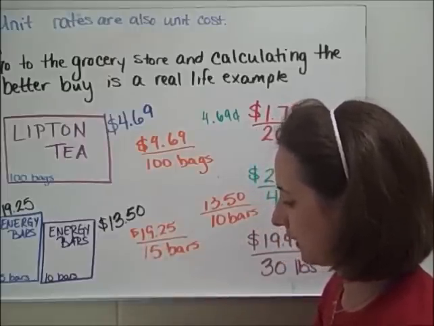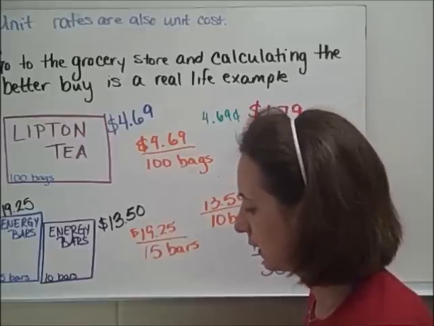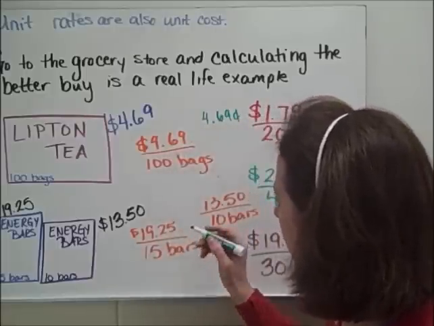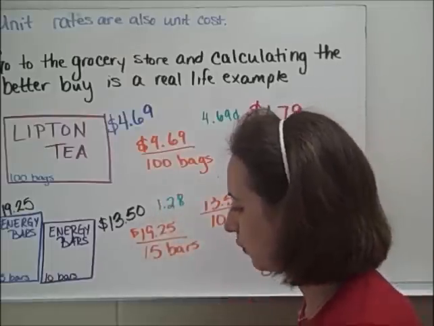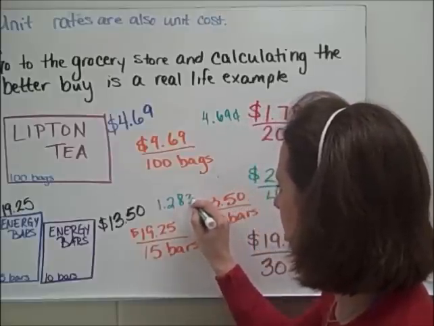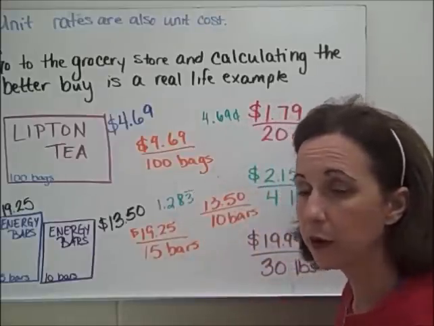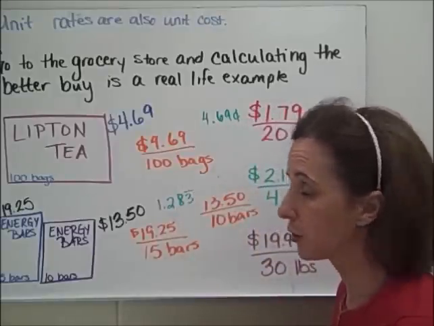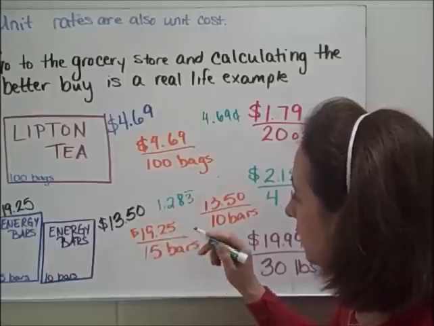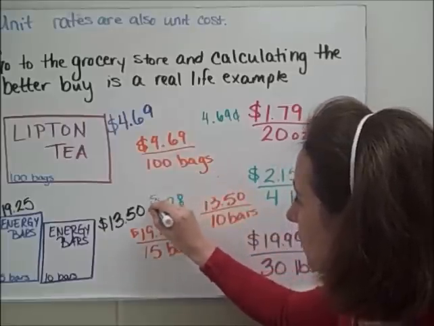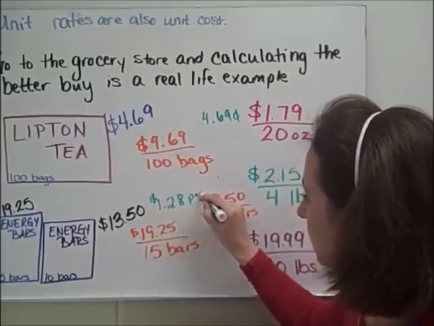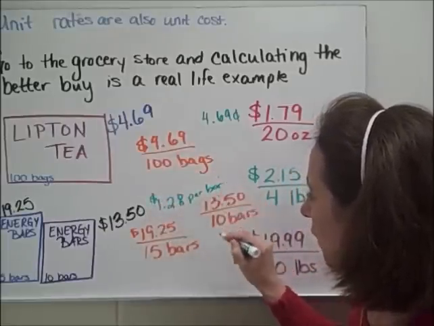19.25 divided by 15 is this. 1.283 repeating. That would mean that on the price tag at the grocery store, they would tell you that your unit price, they would round this, is $1.28 per bar.